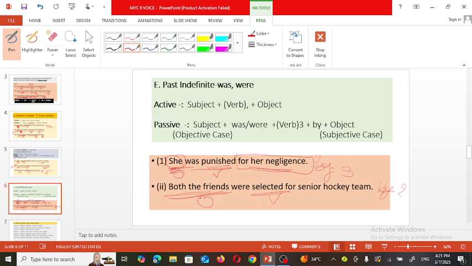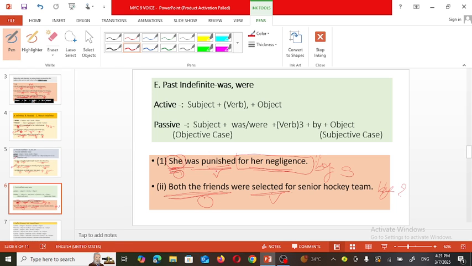On whom this action took place, that is the object. Friends, sometimes you get confused when "by" or "by whom" is not given. But no need to worry, because you have to find the verb first and ask the question "what" to the verb, and whatever answer you get, that is your object.